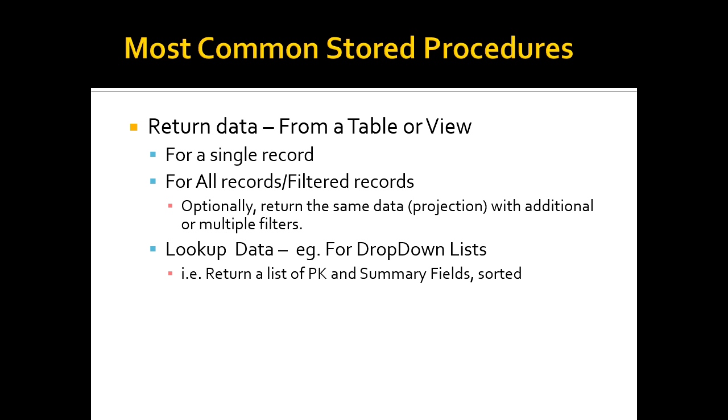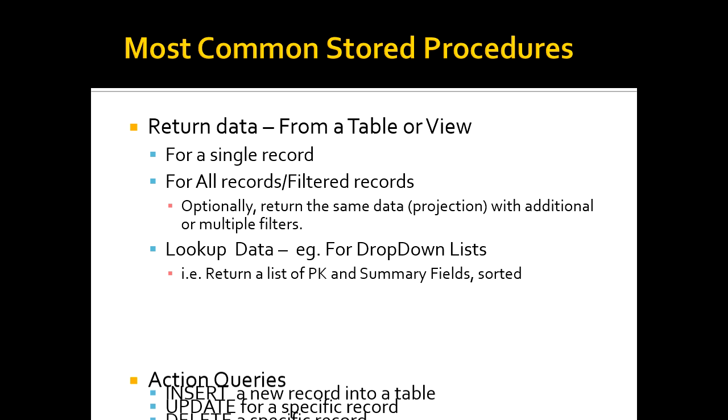So sometimes just to help us populate those drop-down lists in the user interface, we'll make a stored procedure like that, right? Return a list of the primary key and a summary field. And also it's important for these to be sorted, right? Because if a drop-down list isn't sorted, you can't start typing the first letter and have it jump to it in the list. Okay, if it's not sorted, then it's very much a problem for the UI design.